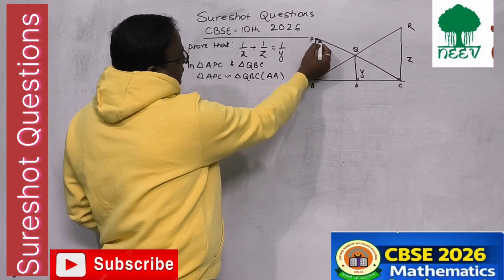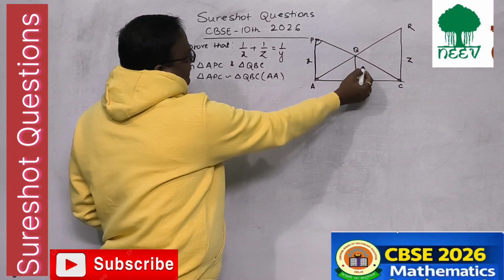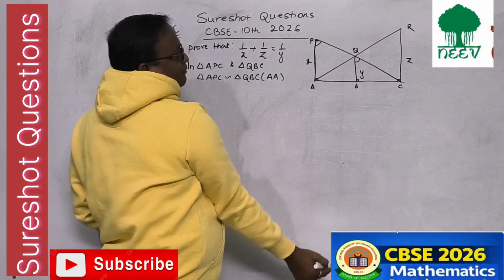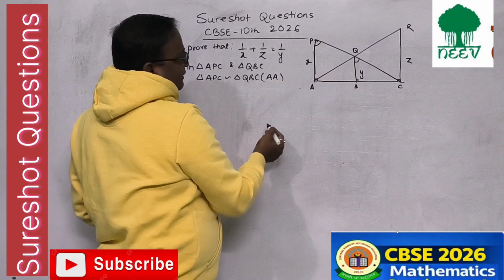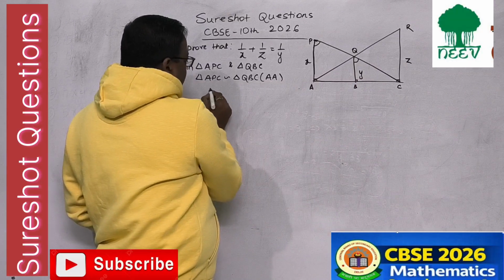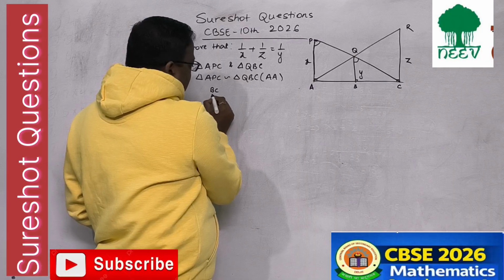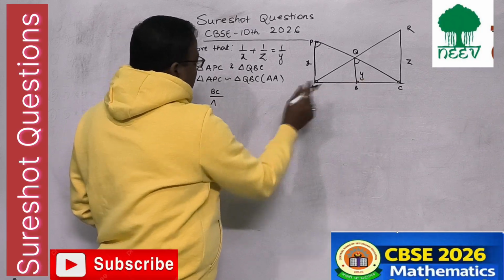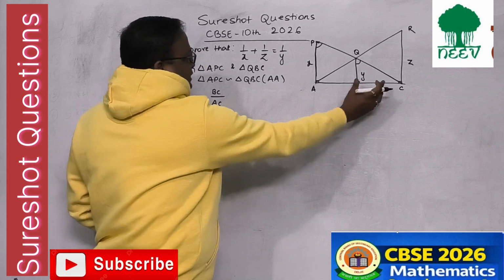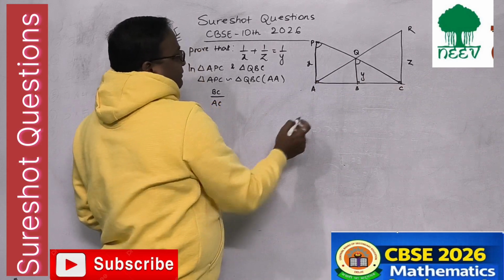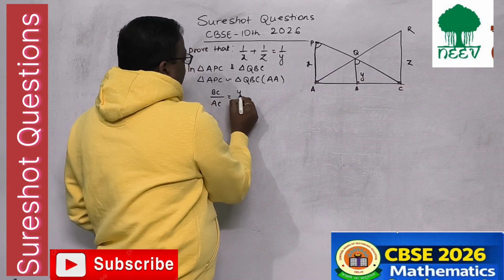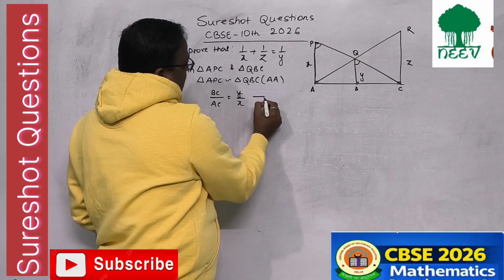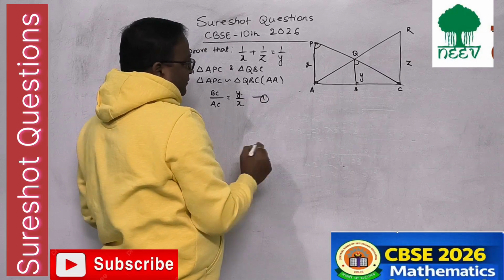Perpendicular, so this angle will be equal to this angle. So we can write BC by AC, this side upon the complete side, will be equal to y by x. This is equation number 1.